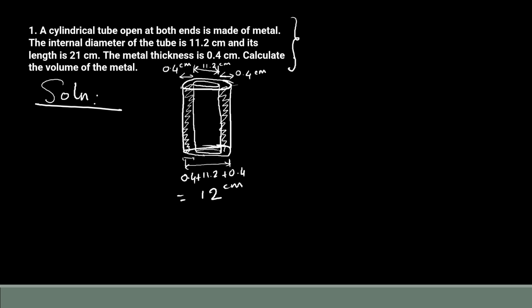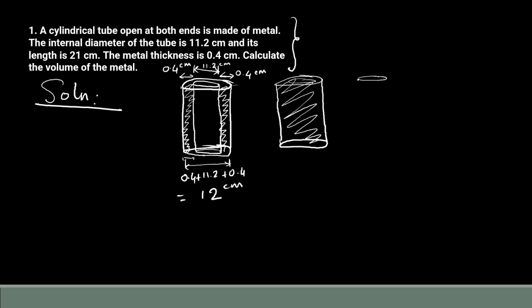So what is the volume of the metal? First we will do the volume of the outside cylinder minus the volume of the inside cylinder. That will give us the volume of the metal, right? This is the outside cylinder. We will first get the entire volume of the outside cylinder, and let's say the internal cylinder was like this.